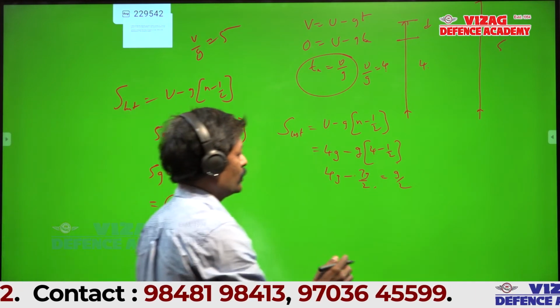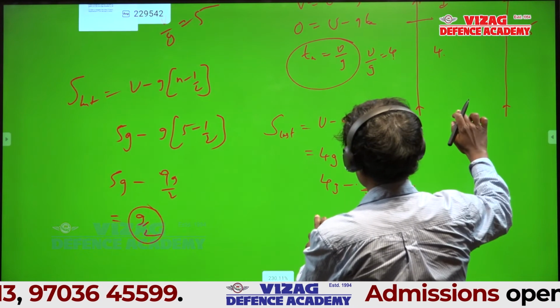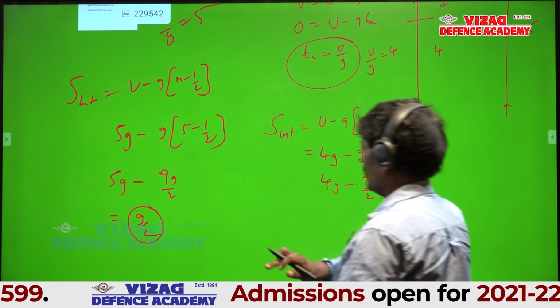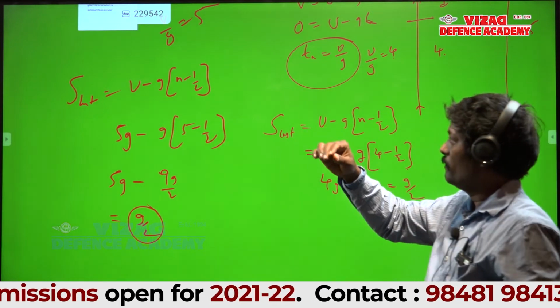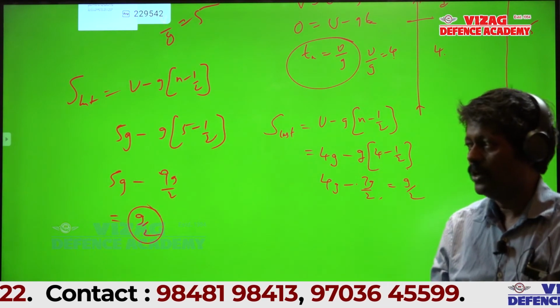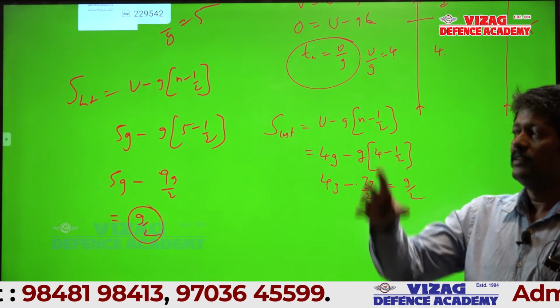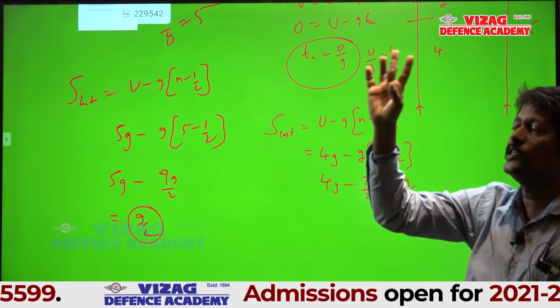See the beautiful point there. Now, what is the importance of this problem? Whether it is 4 seconds or 5 seconds or 10 seconds, in the last second of ascent it will cover g by 2 only.